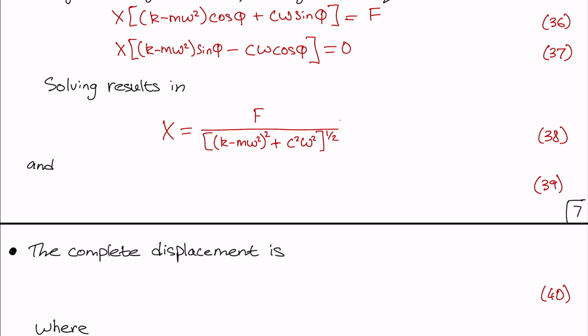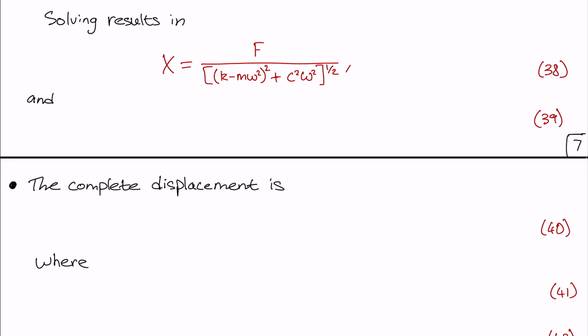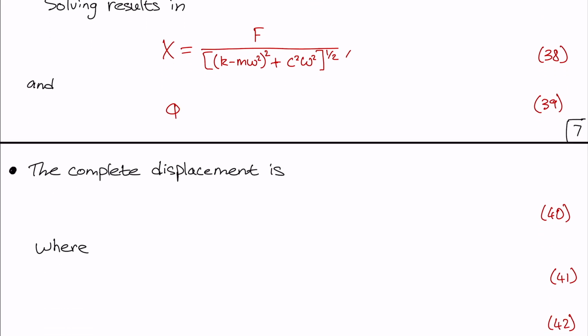So that's the amplitude of the oscillation. And then the phase angle phi is equal to the inverse tangent of c omega divided by k minus m omega squared.